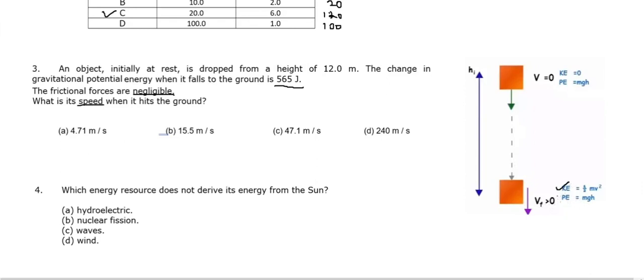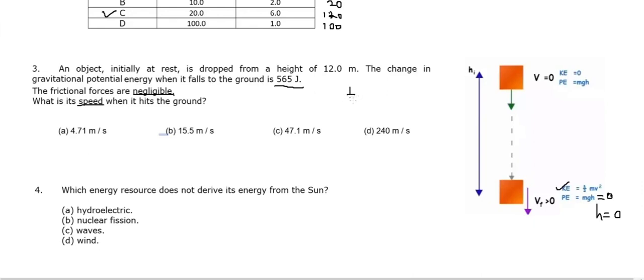If I consider negligible air resistance, the potential energy will be 0, because height h will be 0 at the ground, so the entire energy will be kinetic energy. Entire potential energy is converted into kinetic energy.